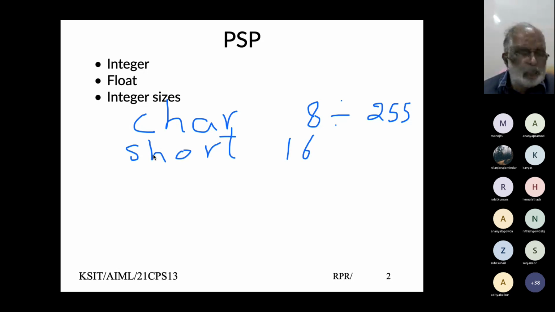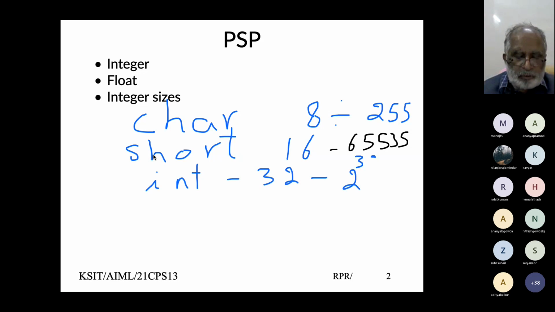If I want a still larger number, then we use the notation called int, which has 32 bits, and the value would be up to 2 raised to power 32. Next, if you still want a longer number, then there is long, which is 64 bits, and so on and so forth.